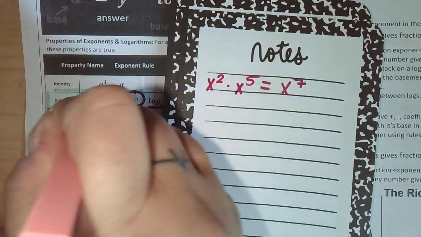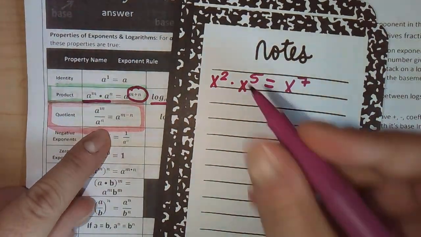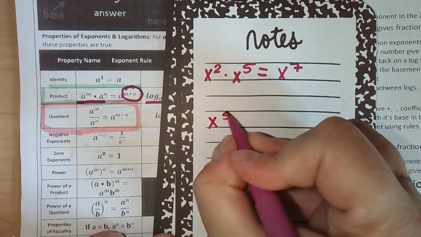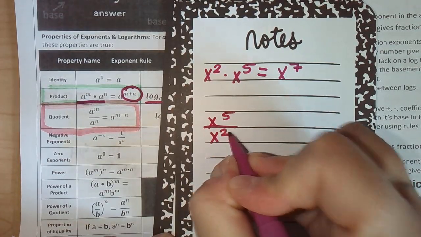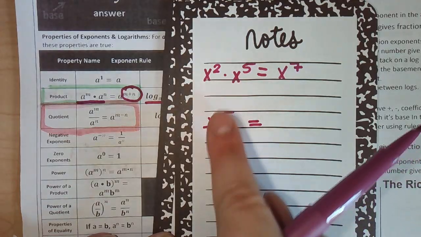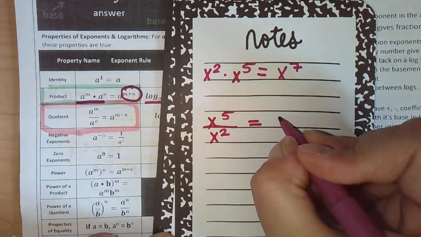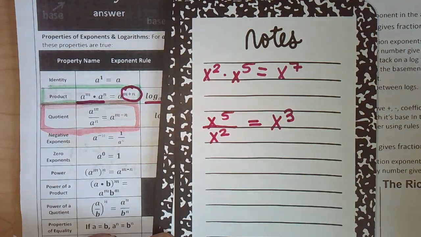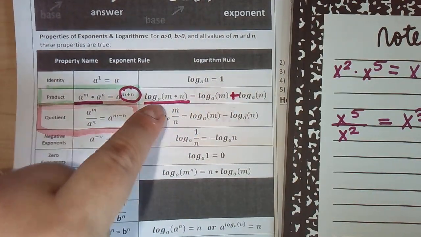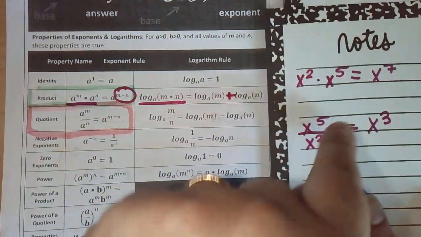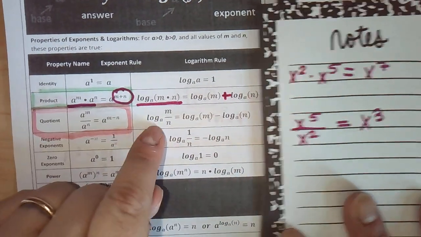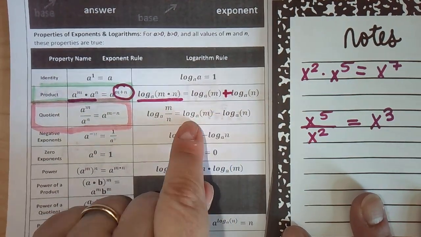Okay, or if we look at this quotient rule, it says if you have 2 somethings being divided, let's say x to the 5th over x squared, the math that you do to divide those is you subtract the exponents and you get x to the 3rd. Well, for logarithms, if they are being divided, we don't actually subtract the exponents, we subtract logs.